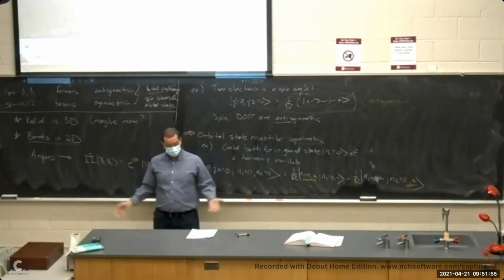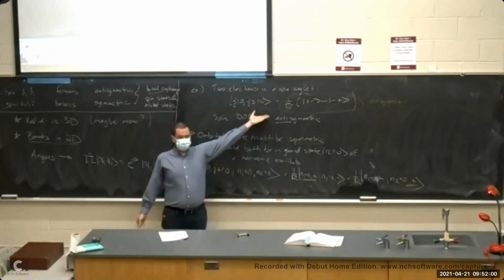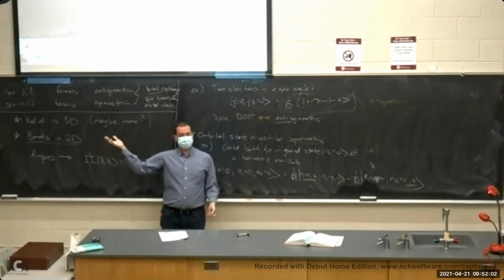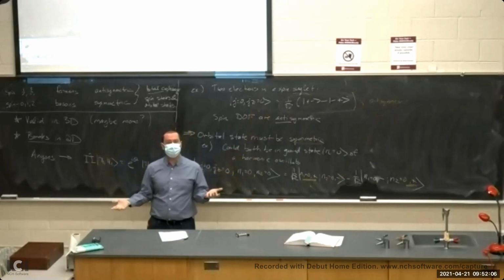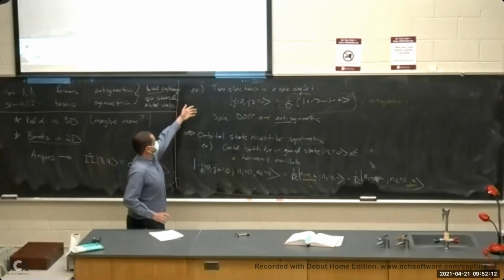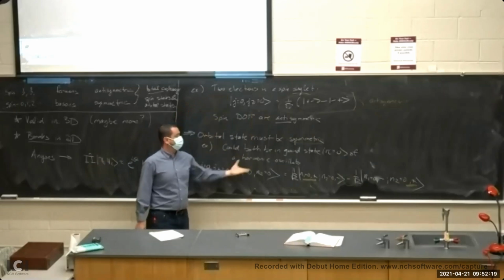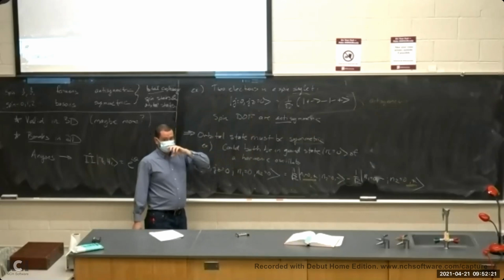So the thing has to overall be antisymmetric. And that means either the spin part needs to be antisymmetric or the orbital part needs to be antisymmetric, but not both. If you change the minus sign two times, then you end up with a plus sign, and that would violate the antisymmetry requirement. So for two electrons in a spin singlet state, they are perfectly happy to be in the same quantum state or a symmetric combination of quantum states. They would not be allowed to be in an antisymmetric combination.